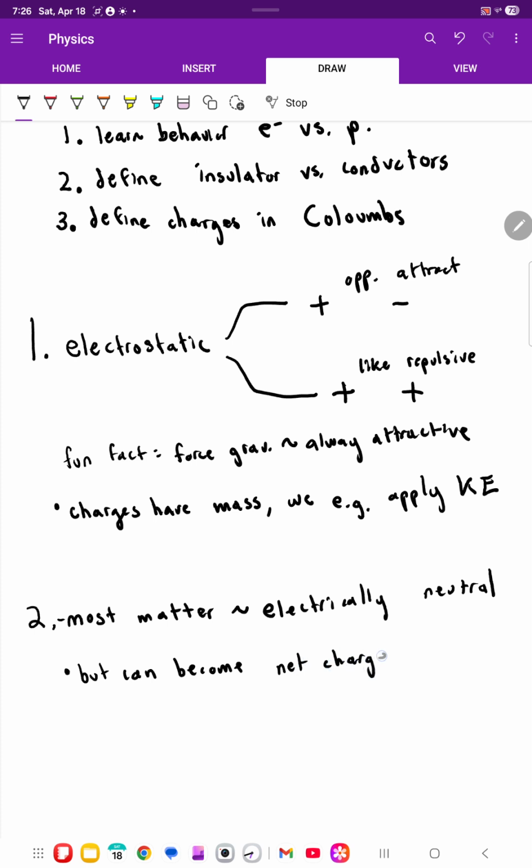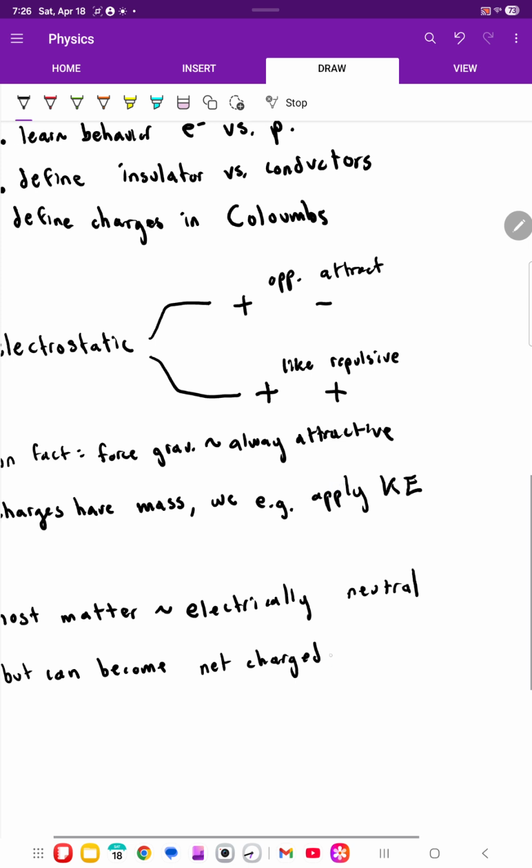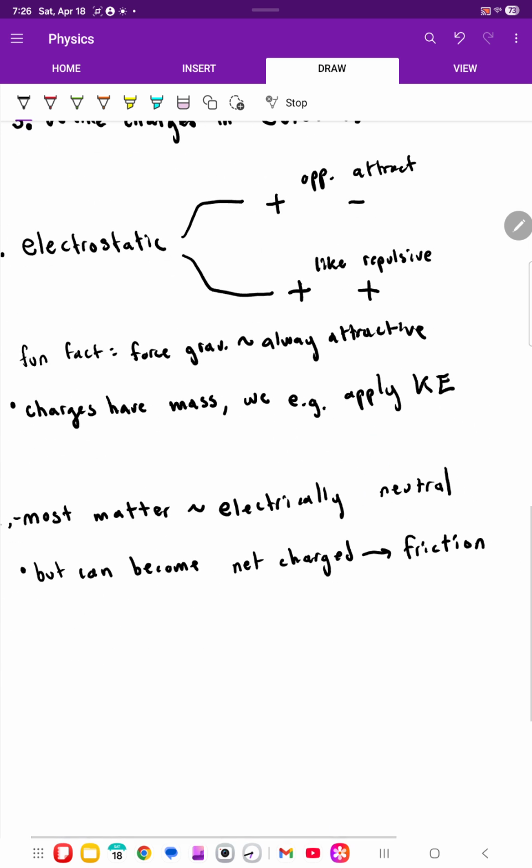And you may ask, how can it become net charged? It's because of friction. We learned that matter can become net charged through friction.